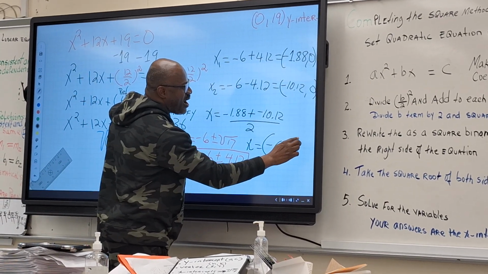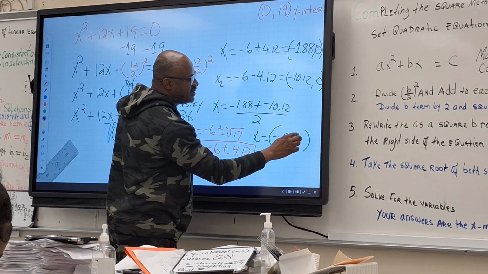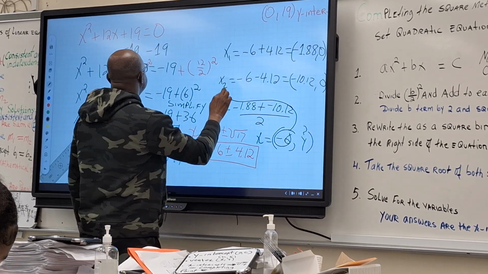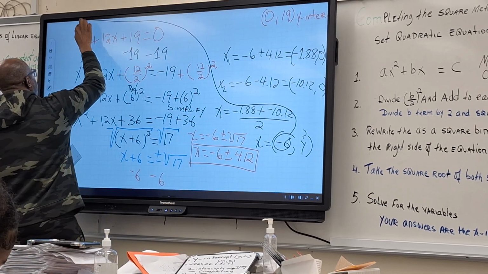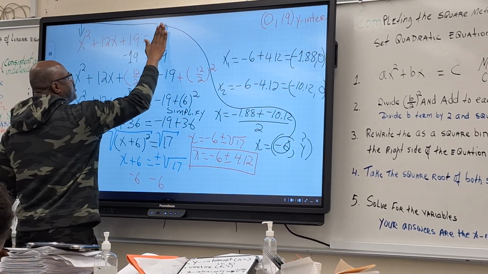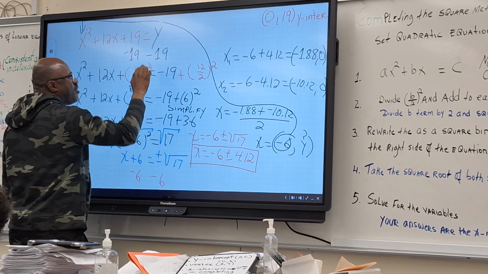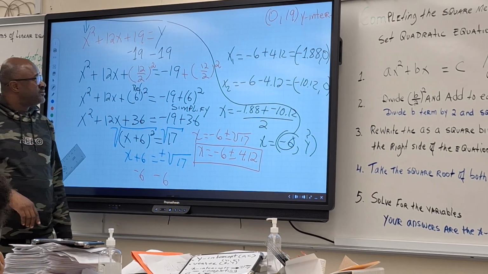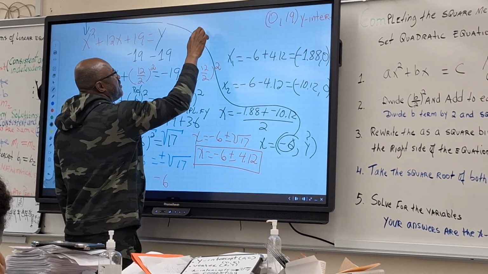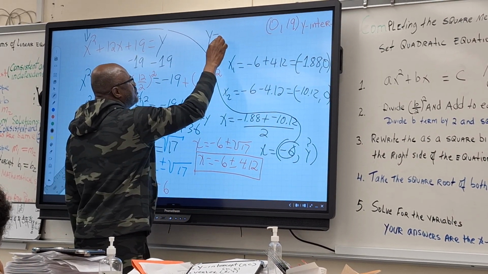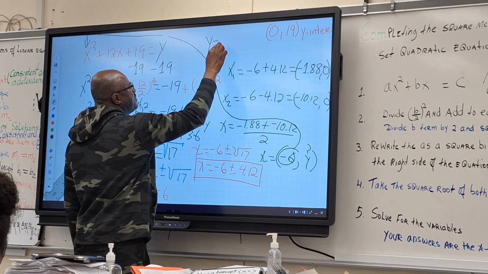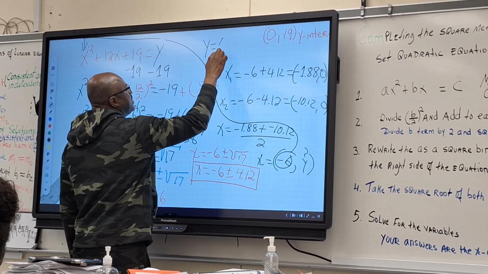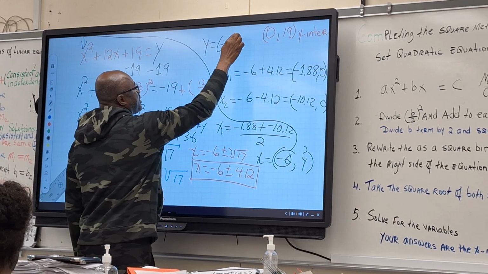Then we need to find y. Yes? To find y, we're going to replace this in the original equation here, where it says x, we're going to substitute negative 6. Make sense? Then y equals, how will you set it up? y equals negative 6 squared, correct?